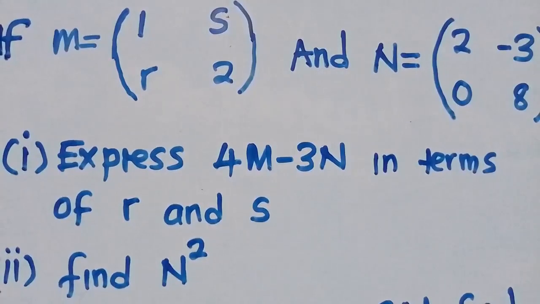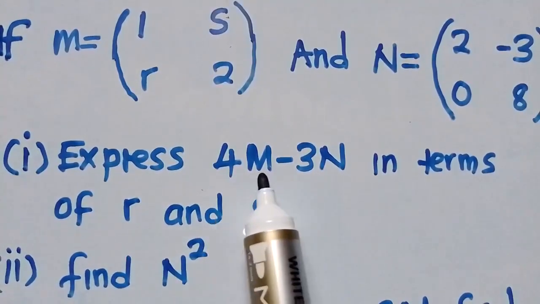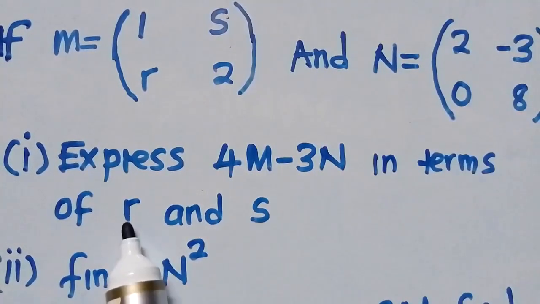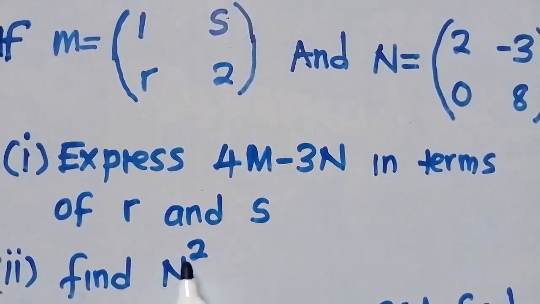This is the first question that we are going to start with. Question 1, as you can see, you are told to express 4m minus 3n in terms of r and s. Then the other question, we are told to find n squared.